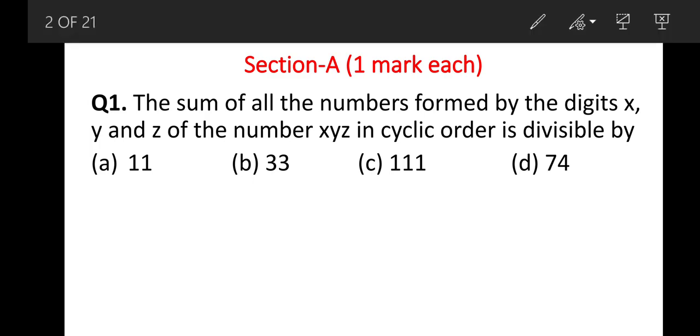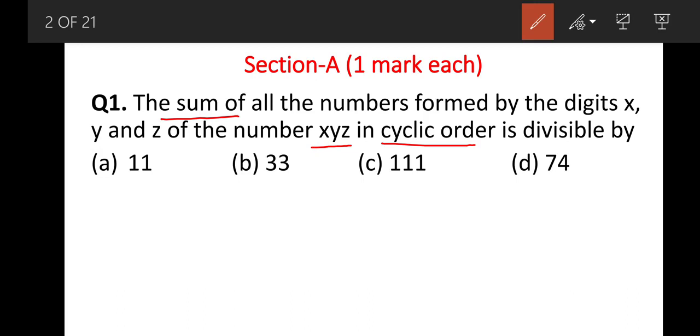Here, this is a 3-digit number given to you. X, Y and Z are the digits of this number, and we need to form the numbers in cyclic order, and then we need to take their sum, and we need to tell the sum of these very numbers when they are added in cyclic order is divisible by any of these 4 options.